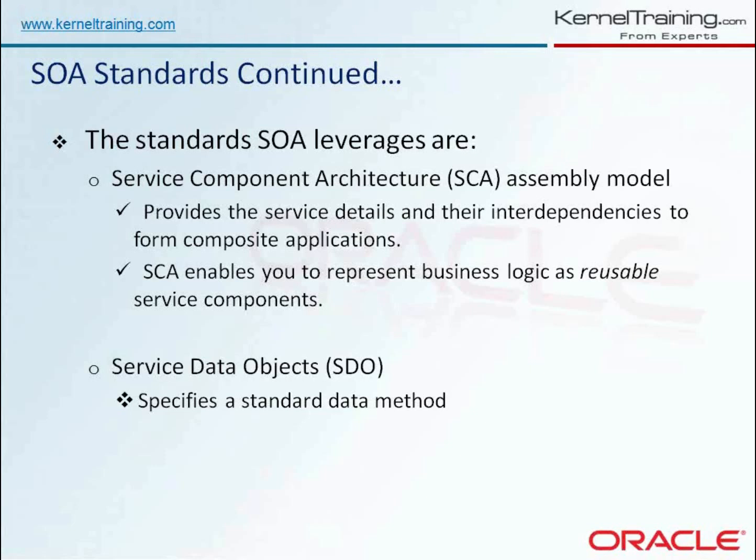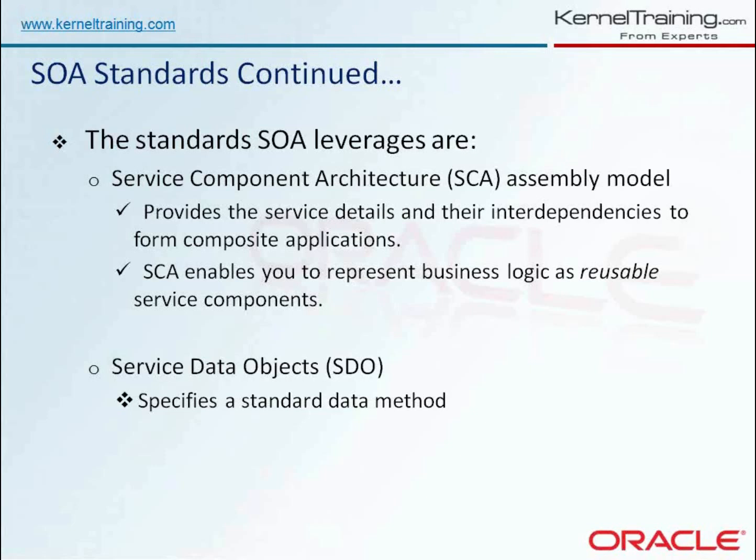Inside one composite, there can be multiple BPELs, mediators, business rules, anything. BPEL and mediator are known as components. SCA provides you the environment, or platform, where you can write your business logic and define your service components.